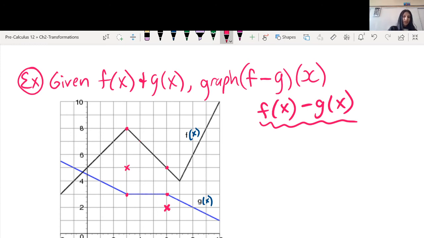I could also do this here. There's my y value of 7. Here's my y value at 3. 7 minus 3 is 4. So there's my new y value there. I could do that here. 6 minus 3, so it would be at 3.